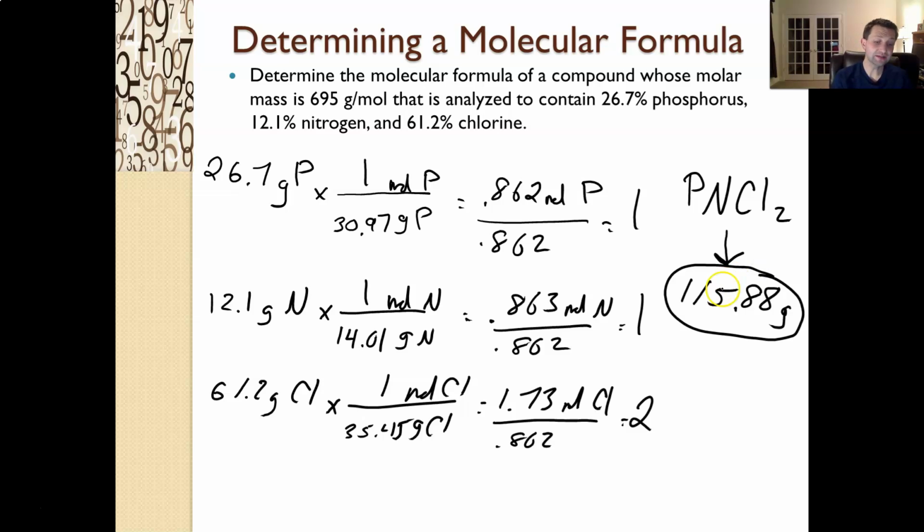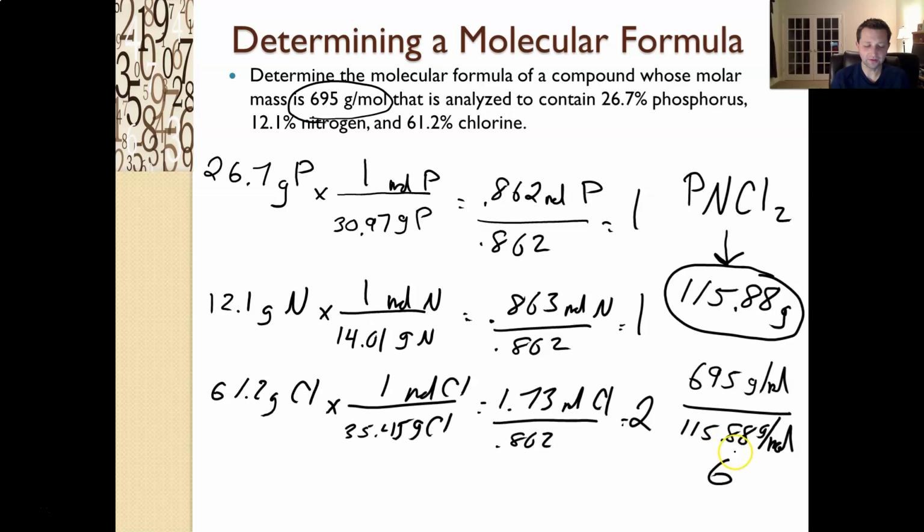Okay? That's for my empirical formula. So it clearly is not the same as my molecular, because my molecular molar mass was 695. So we'll do 695 grams per mole divided by 115.88 grams per mole. And that's going to give me a factor of 6. All right? So I need to multiply my empirical formula by 6 to get my final answer.